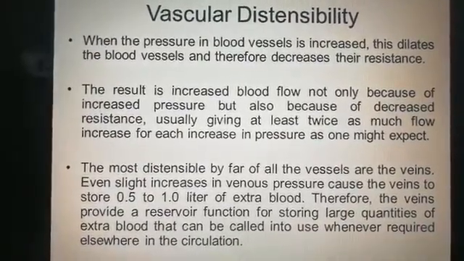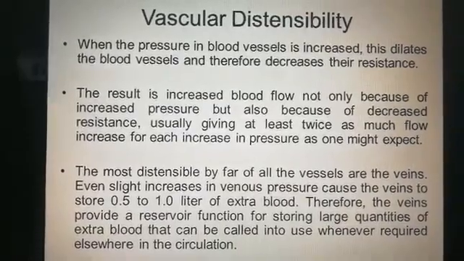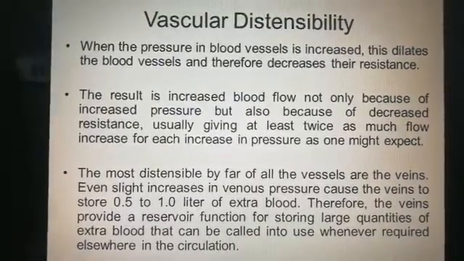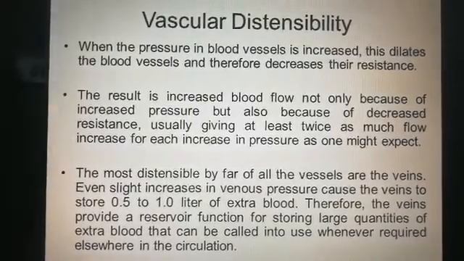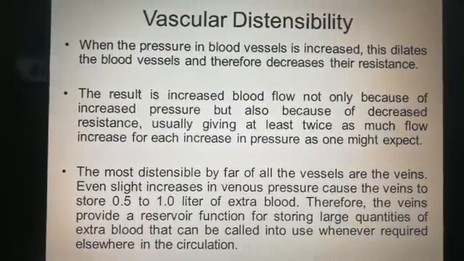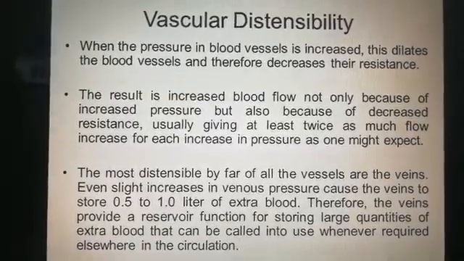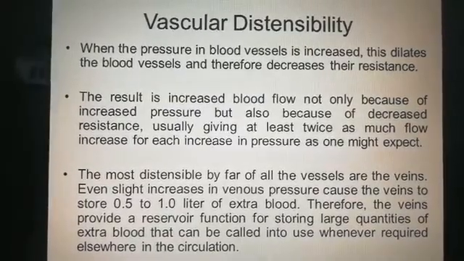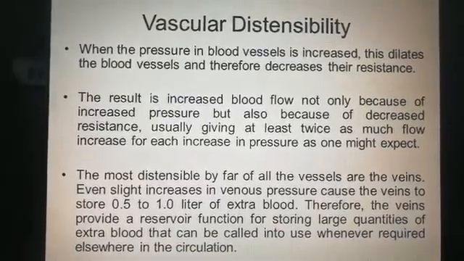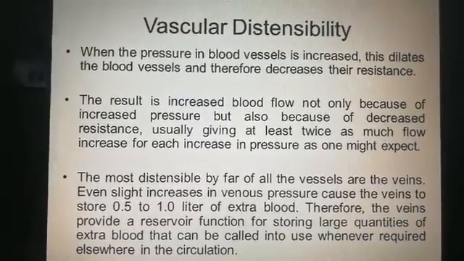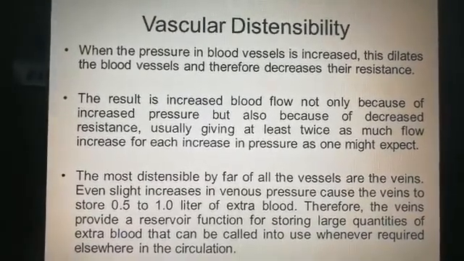The most distensible by far of all the vessels are the veins. Even a slight increase in venous pressure causes the veins to store 0.5 to 1 liter of extra blood. As you have studied, and I have taught, the veins are the reservoirs. They can store the blood.